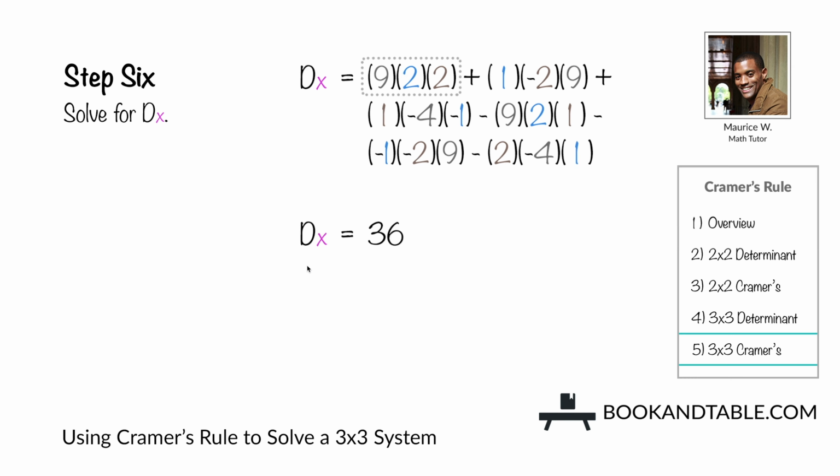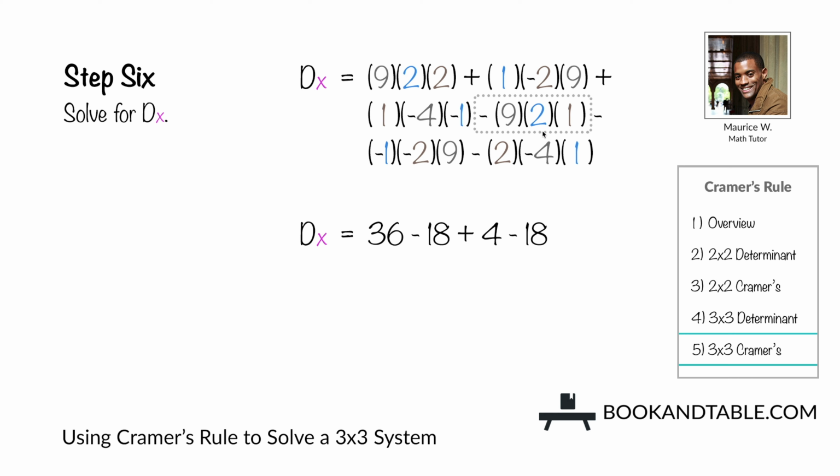So we get 9 times 2, which is 18, times 2, which is 36, plus 1 times negative 2, which is negative 2, times 9 is negative 18, plus 1 times negative 4 is negative 4, times negative 1 is positive 4. Negative 1 times 9 is negative 9.